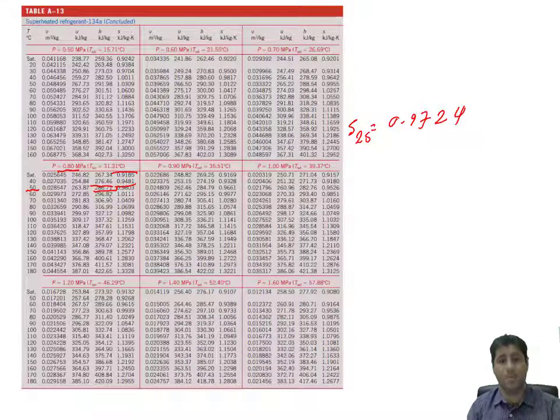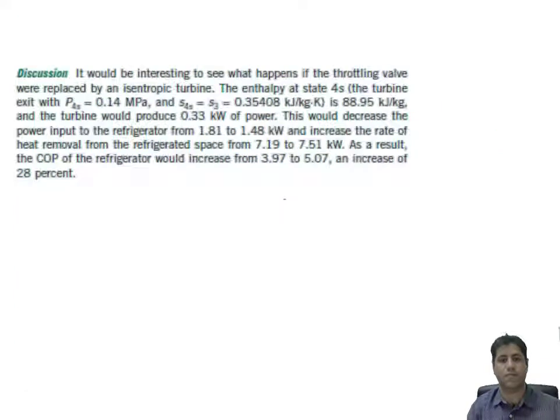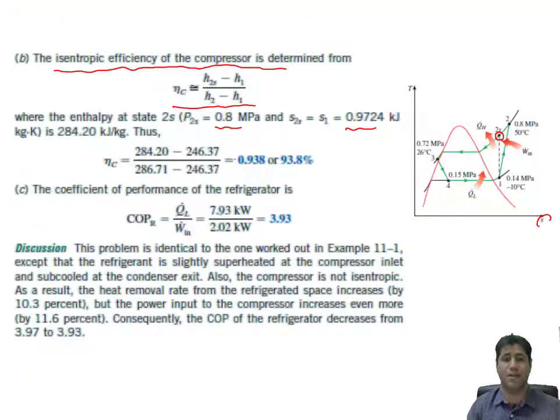So by interpolation, similar to the previous example, we can find the enthalpy for state 2s, which is equal to 284.2 kilojoule per kilogram. So we have H2s as well.